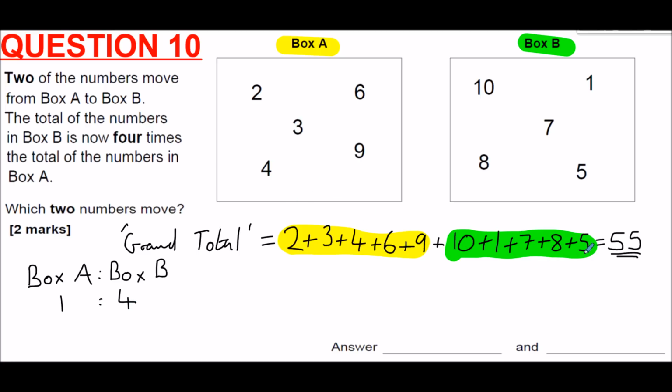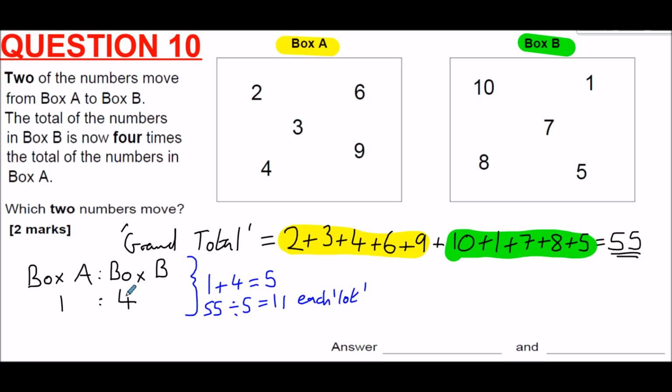Now if we're sharing a total 55 into the ratio of 1 and 4, 1 lot in box A, 4 lots in box B, 1 plus 4 would be 5. So if we divide 55 into 5 equal shares, 11 is each lot.